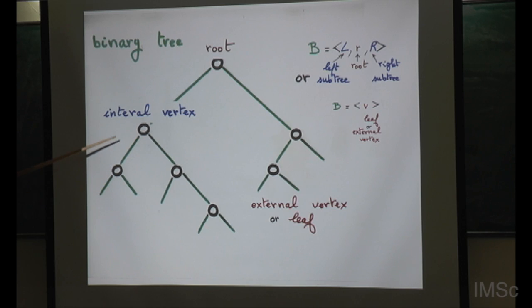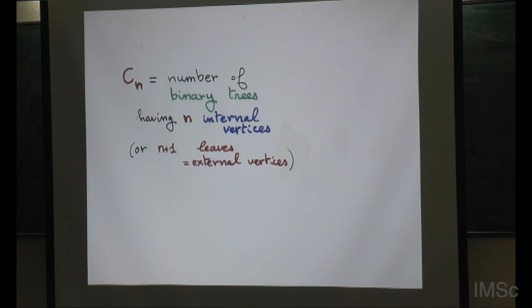Here there are 7 internal vertices and 8 leaves or external vertices. So a very elementary combinatorial problem: how many such binary trees with n internal vertices?